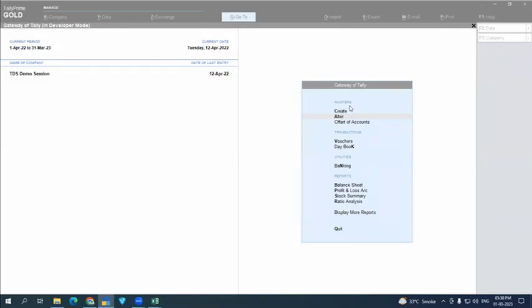Yes, that is a nice question. We are taking this session in March. First thing, you have to enable TDS, and once it is enabled, it will not impact my previous data, even previous bills. Suppose a party had already crossed the limit before enabling the TDS feature, these bills are not considered by Tally, because after enabling TDS you have to cross the limit.